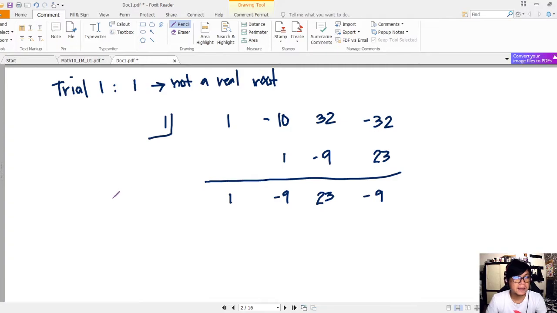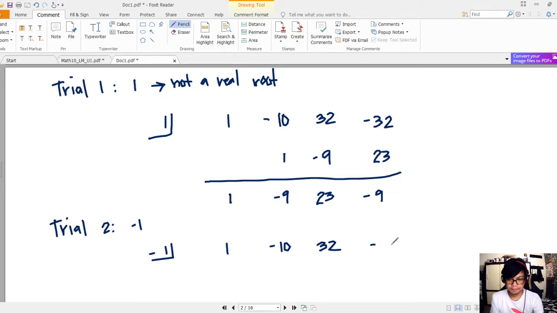Sige. Let's try trial 2. Trial 2. Let's try negative 1. So, kokopyahin na lang natin. It's negative 1. So, 1, negative 10, 32, negative 32.